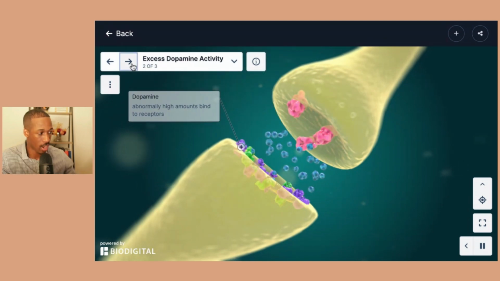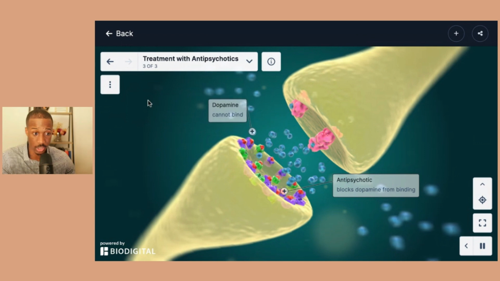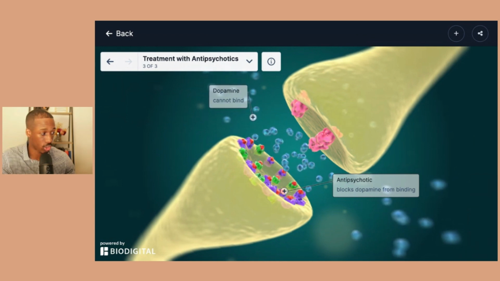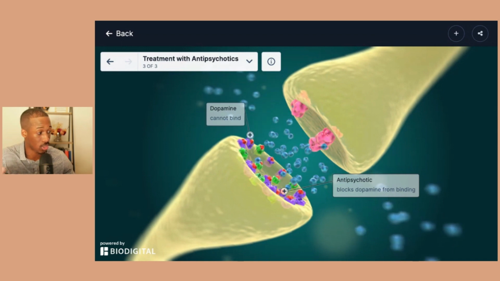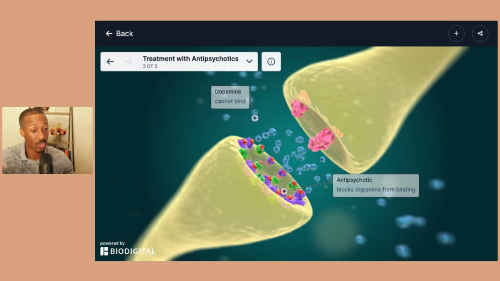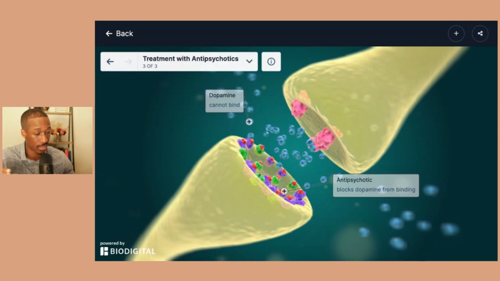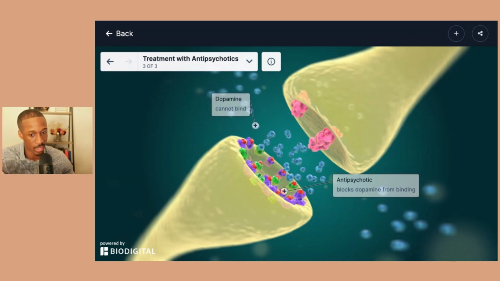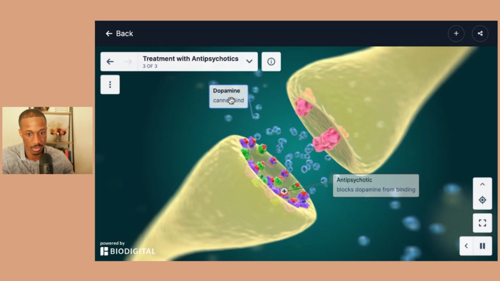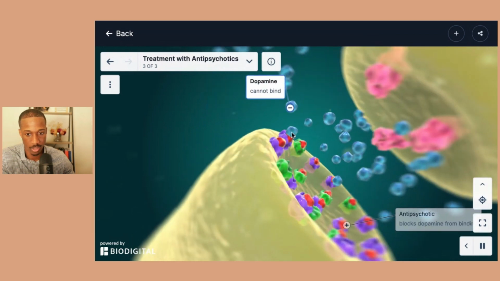So how exactly is this medication going to work? The antipsychotic medications are going to decrease dopamine signaling in the mesolimbic pathway, and the way they do that is by blocking these dopamine receptors. All right, so let's go forward a little bit.